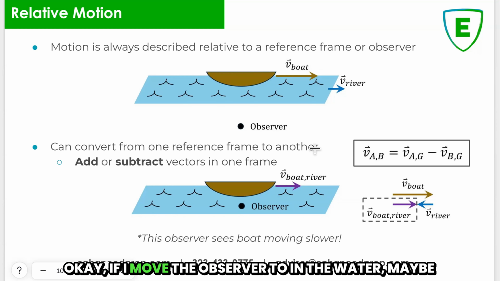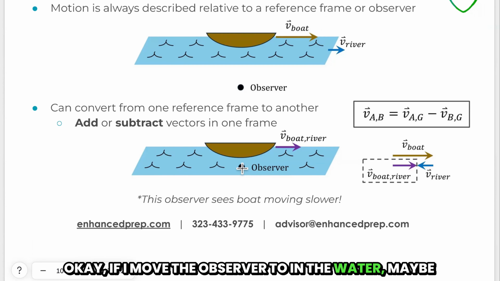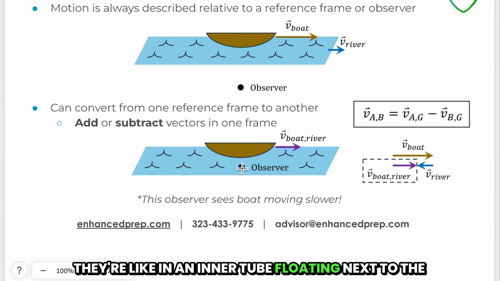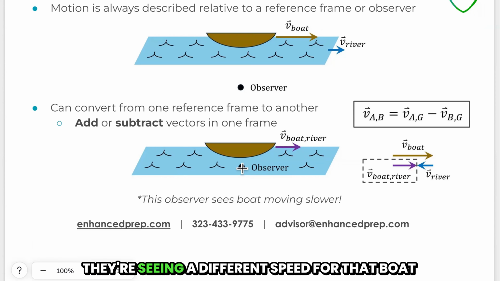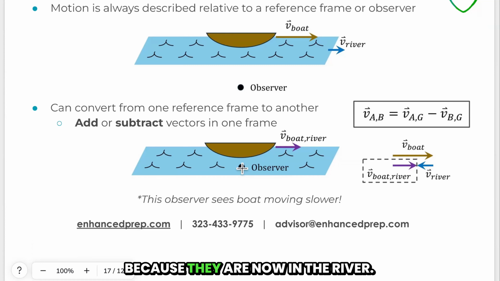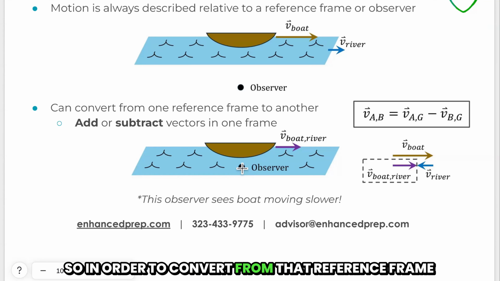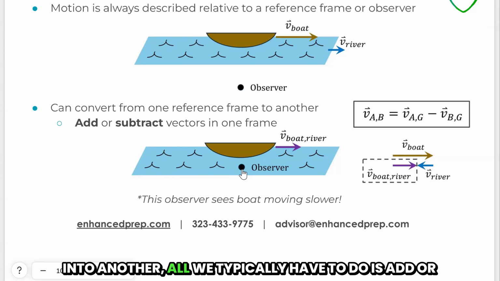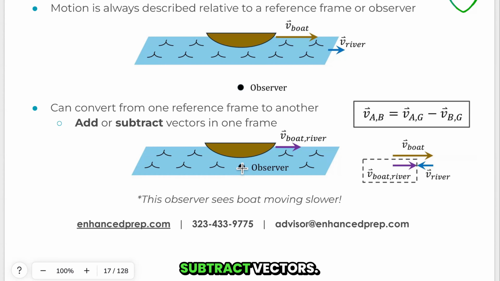If I move the observer into the water, maybe in an inner tube floating next to the boat, they're seeing a different speed for that boat because they are now in the river. They're moving with the river down this. So in order to convert from one reference frame into another, all we typically have to do is add or subtract vectors.